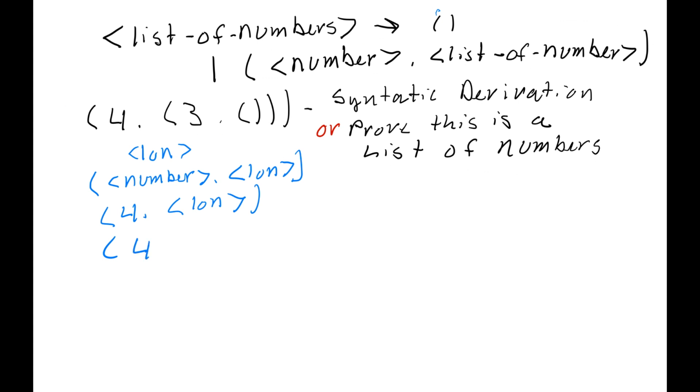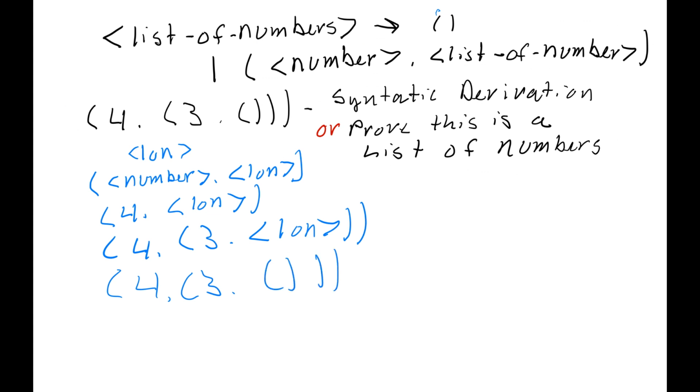So we got that from before, and now we're going to replace the list of numbers with 3 paired with another list of numbers. And finally, we need to replace this right here with this part right here. Well, that part, instead of being a full list, is now an empty list. So we can replace it with the empty list, which is just an open and close parenthesis.